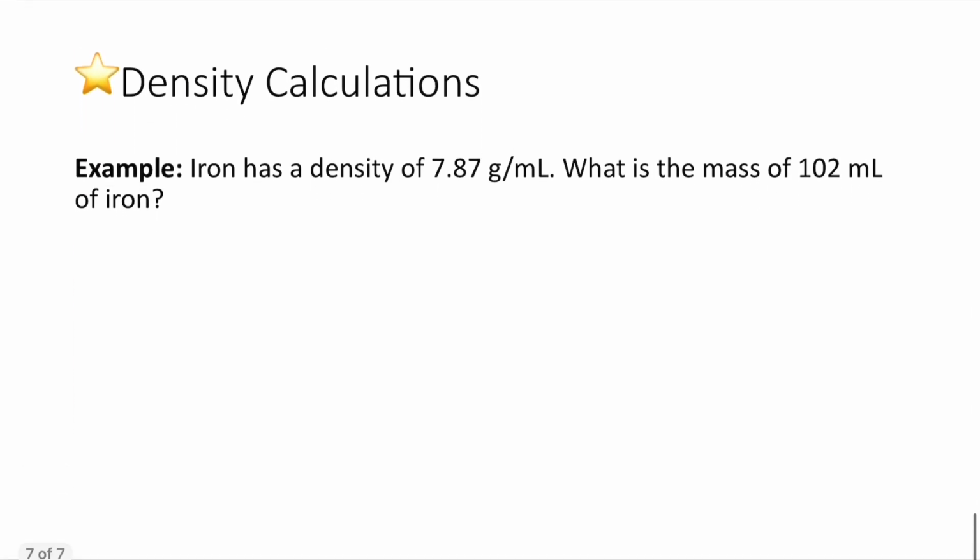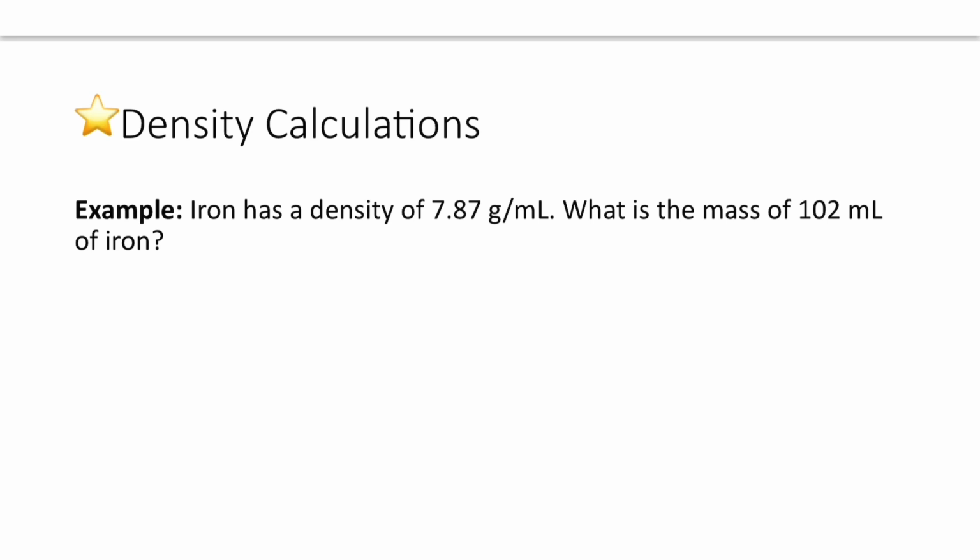Let's look at one last example together here, folks. Again, we need to remember to use our GUESS method. Given, unknown, equation, substitute, solve. That's how we solve all of our calculations here. So the question says, iron has a density of 7.87 grams per milliliter.